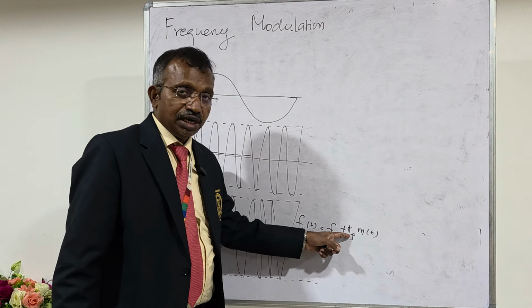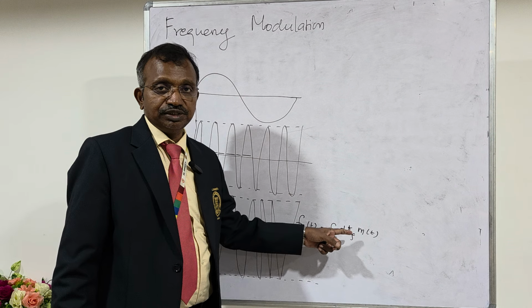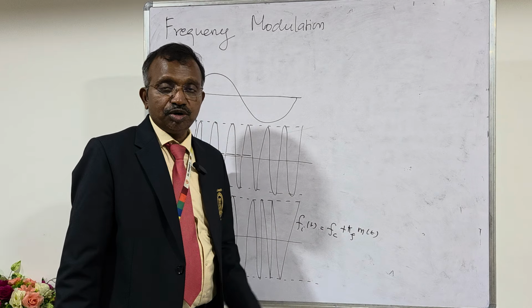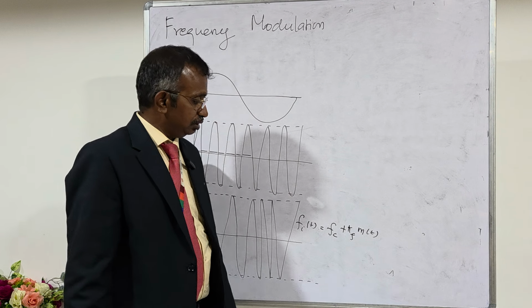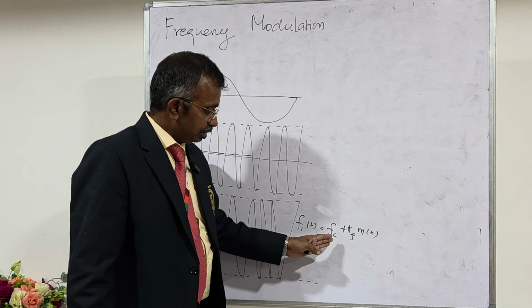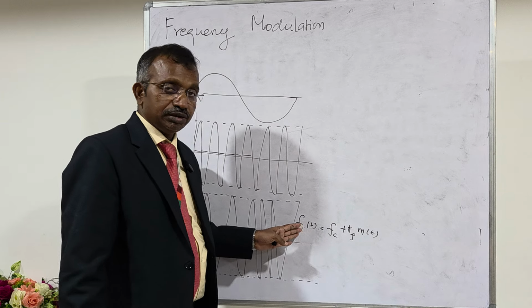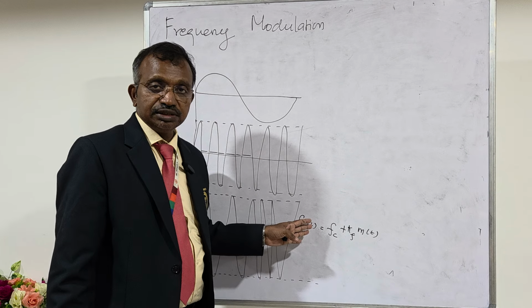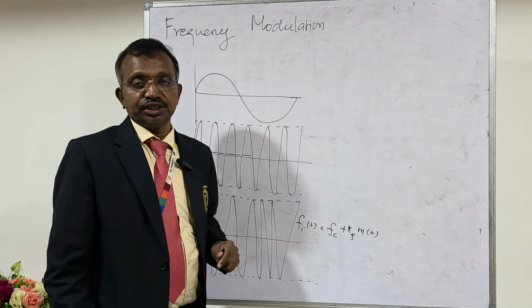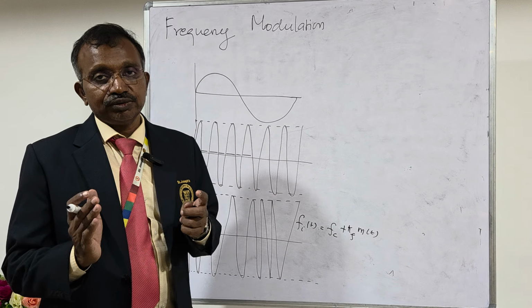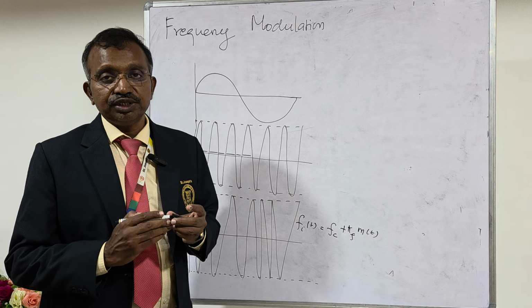You multiply and add this to the carrier, and that will give you the instantaneous frequency of the FM signal.